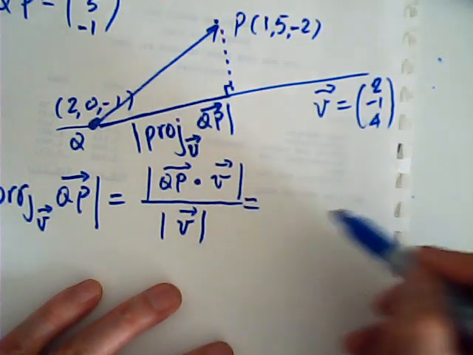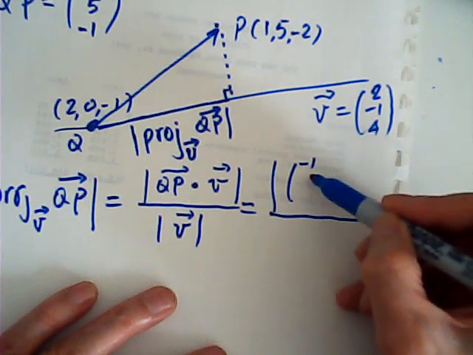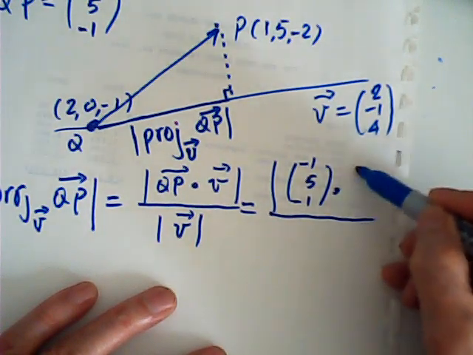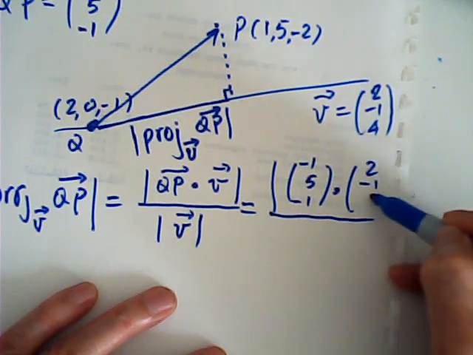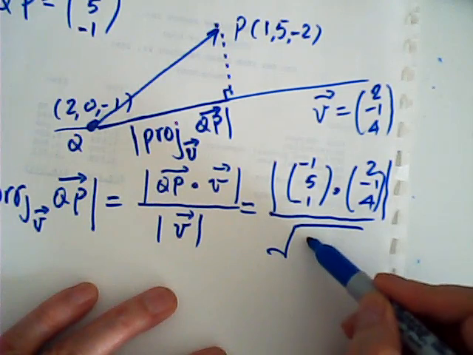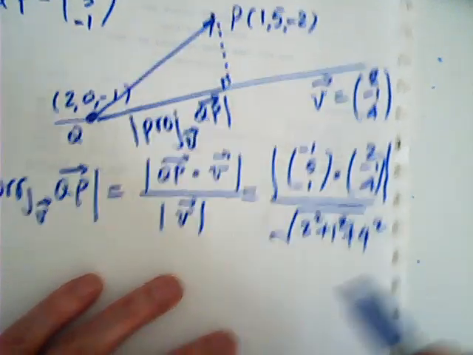So this one is equal to the absolute value of (-1, 5, -1) dot (2, -1, 4), divided by the square root of 2 square, 1 square, 4 square.